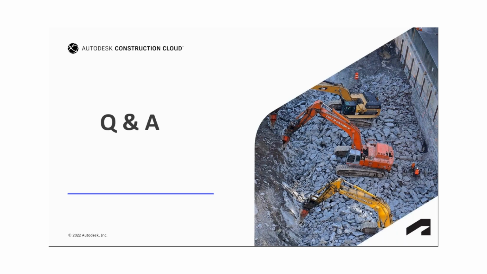Oh, I do see one more question that just came in. Civil 3D, you'll have to publish that as a PDF file at this point in time. Right now, only PDF, Revit, and IFC files are supported.